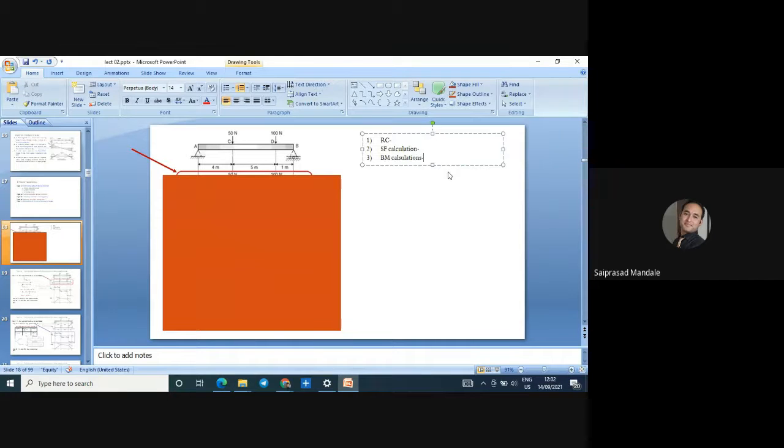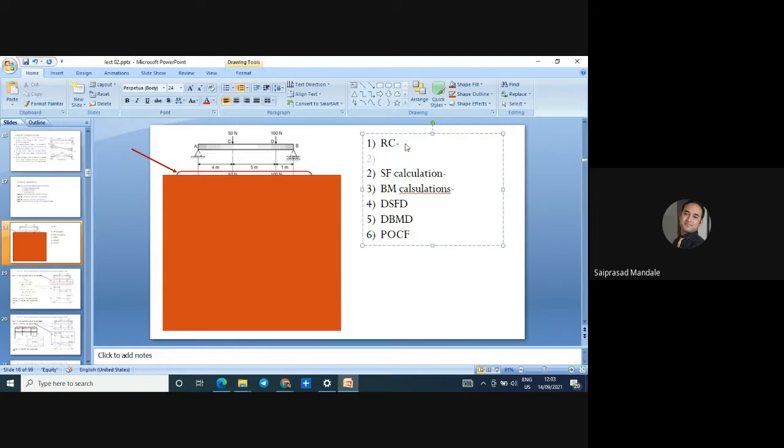Fourth is draw SFD. Fifth is draw BMD. And the last one is point of contraflexure. These are the steps that we need to follow.